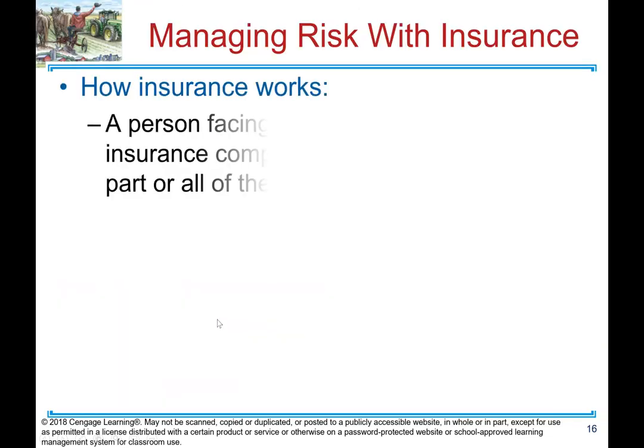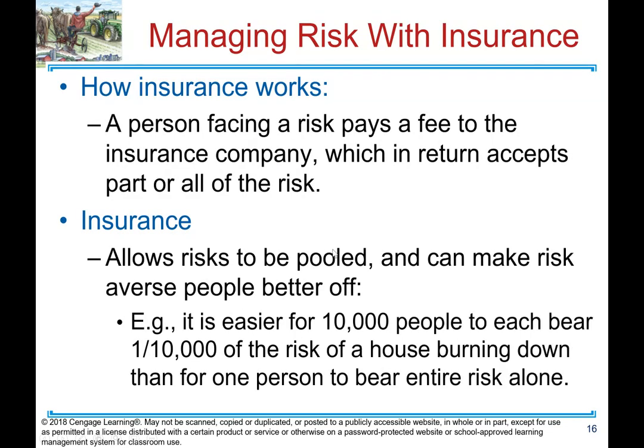People are risk averse. Well, how do we manage risk? Managing risk with insurance. How insurance works. A person facing a risk pays a fee to the insurance company, which in return accepts part of or all the risk.